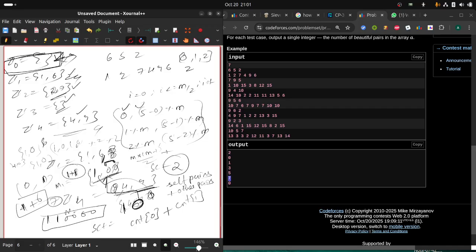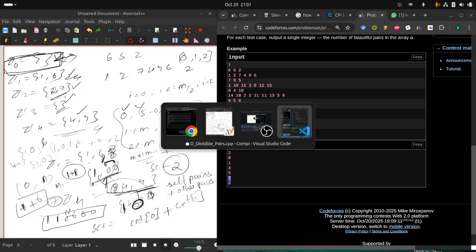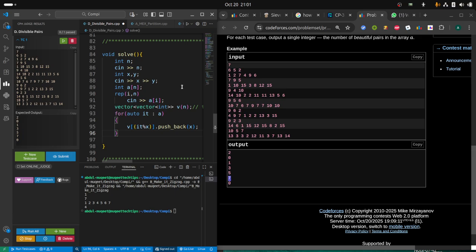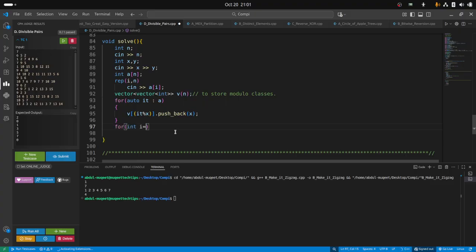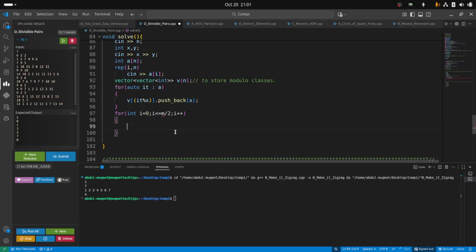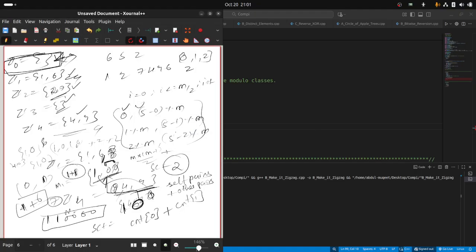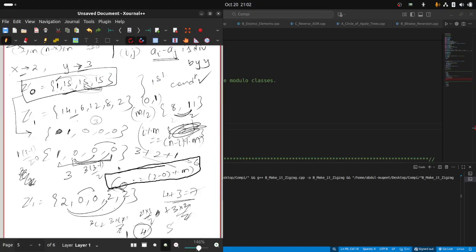And then what I'll be doing is, for i equal to 0, i less than or equal to n by 2, i plus plus. Also, there is one case which I need to check: if this thing is equal to this thing.